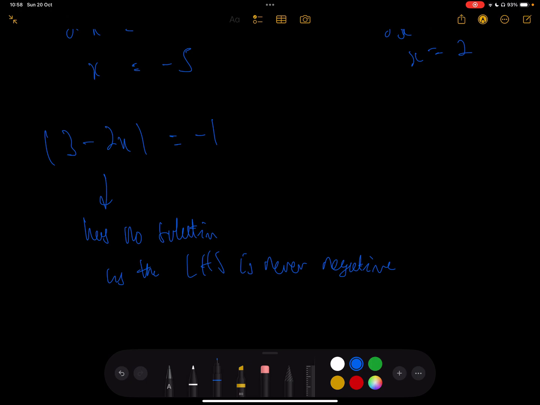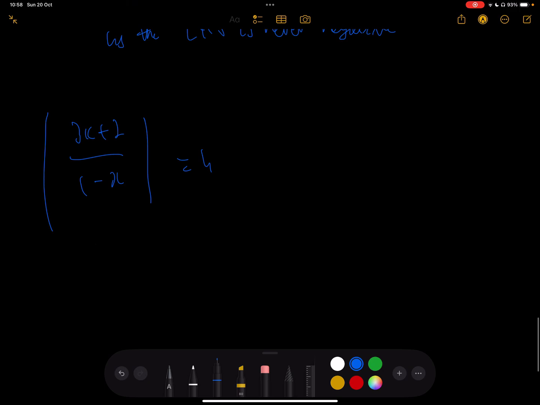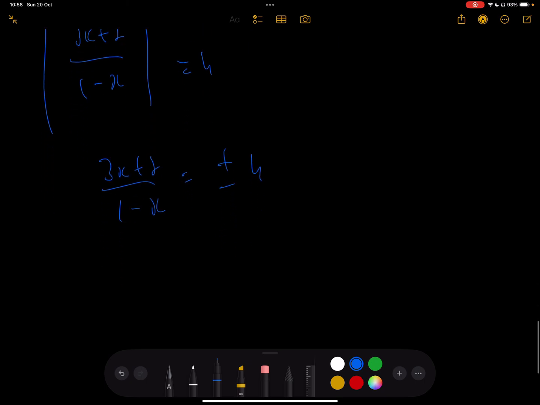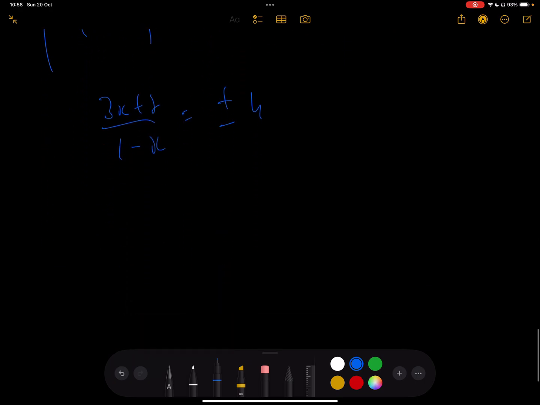Now let's try it when we have a fraction. Let's say we have the modulus of 3x plus 2 over 1 minus x is equal to 4. How would we solve this? We can still use our plus and minus approach, no matter if it's a fraction or not. So 3x plus 2 over 1 minus x is equal to plus or minus 4, where this is our x and this is our a, right?